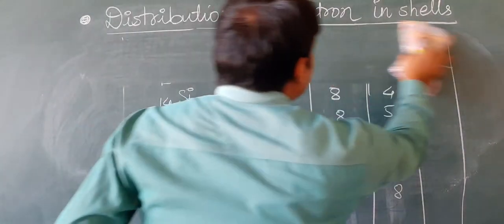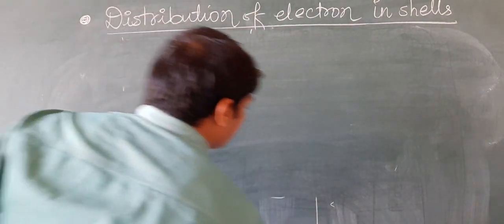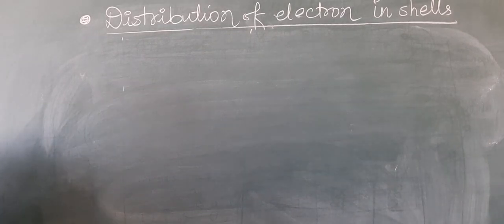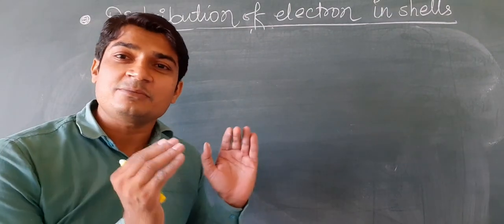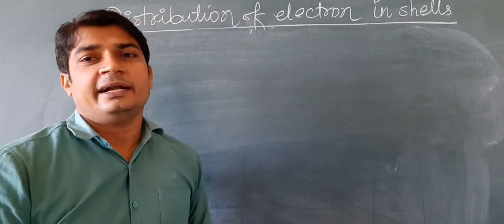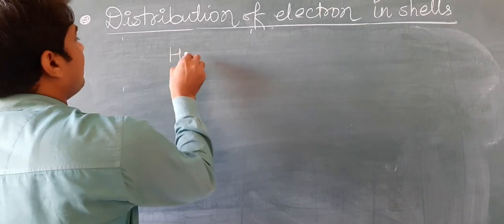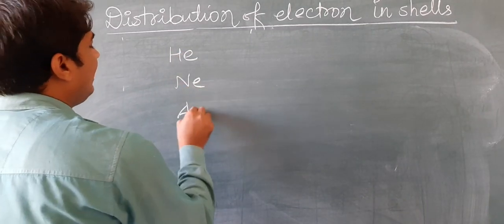Let us see, out of these elements, some elements are least reactive, or we can say these atoms do not react with other atoms, or they do not interact with other atoms. For example, helium, neon and argon.